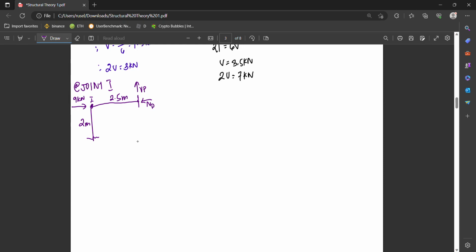Then you have this, which is E, your NE, then your P1, this is equal to 1.5 kilonewton.